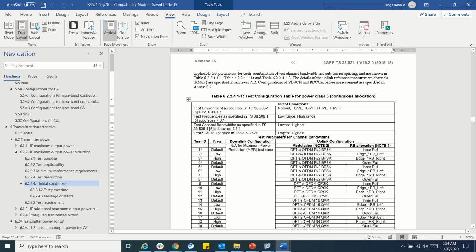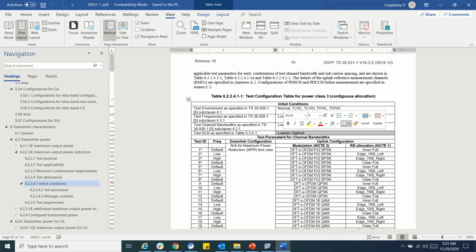And test subcarrier spacing. In CV2X, and also LTE, we use 15 kilohertz subcarrier spacing, but in 5G it is very flexible, because we have 2 power n into 15 kilohertz. 15 kilohertz is the base, into 2 power n.